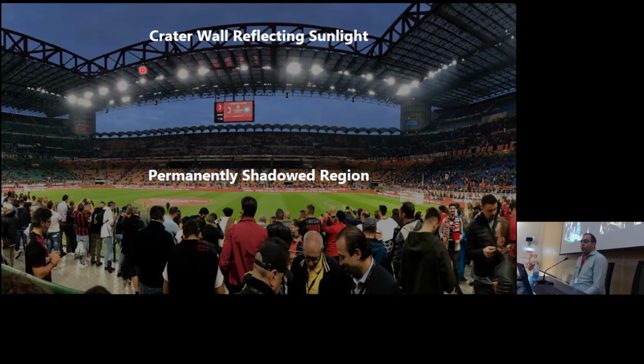So instead of having one unique light source, you have a crater rim or a topographic high that's illuminating an area inside that doesn't receive direct sunlight. And so here's a football stadium, and you can see the lighting going around and illuminating the surface. And so you have all these different angles that you have to start accounting for.